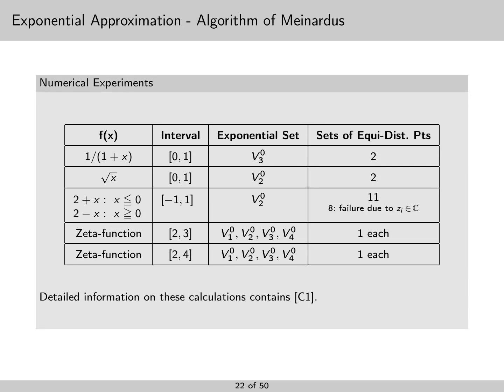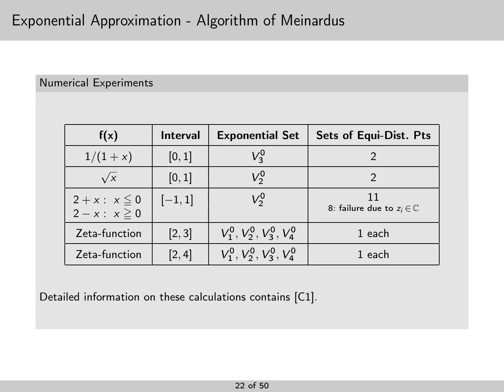These are experiments that have been performed with the algorithm of Meinardus. This column shows the number of different sets of equidistant points employed. The algorithm produced exponential sums for all these functions f. However, this function is a good example of how laborious finding a useful set of equidistant points may become.